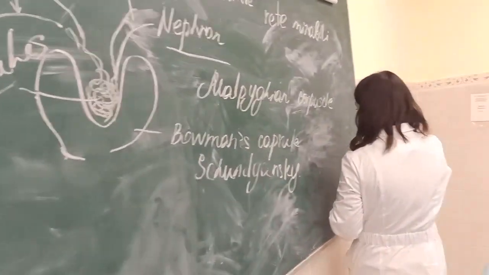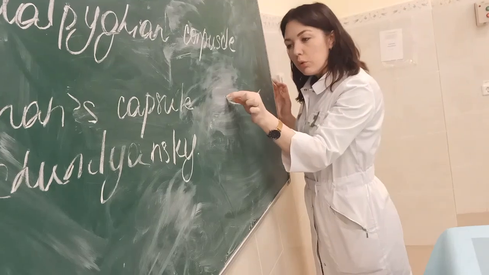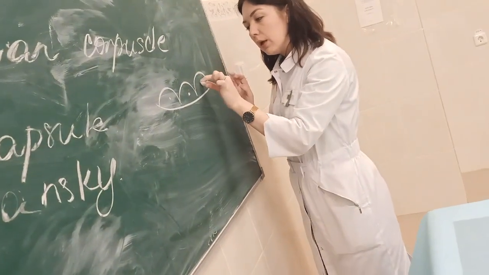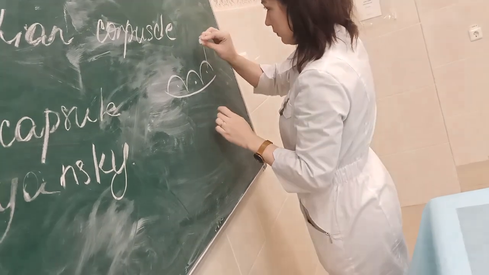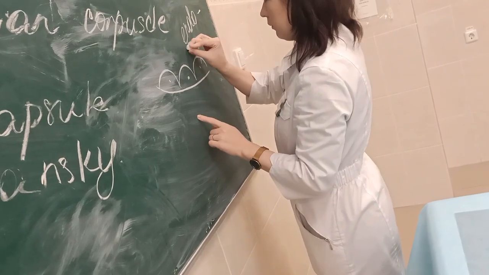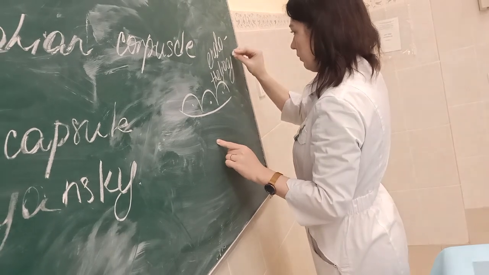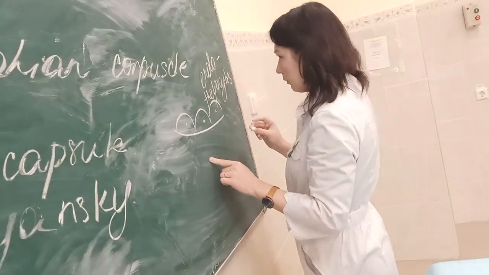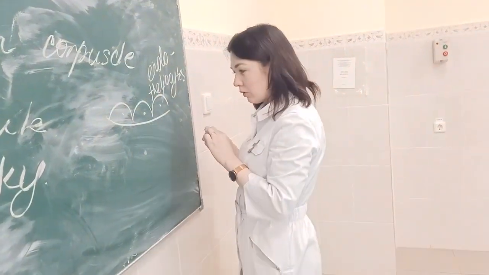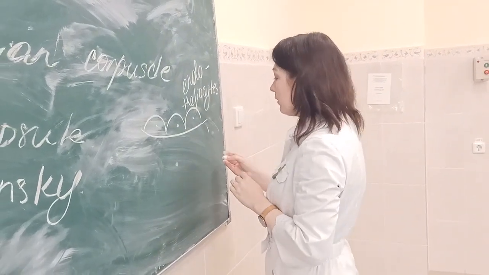Now we'll draw how it looks. Again, we have capillaries, and we know that the wall of the capillary is formed by endotheliocytes. They are located on the basement membrane.